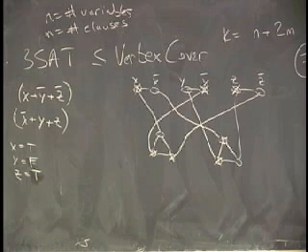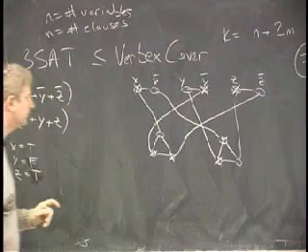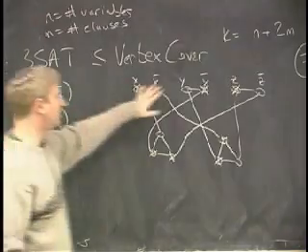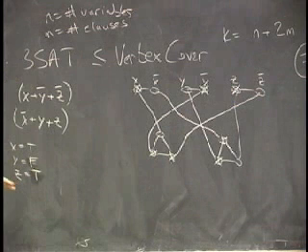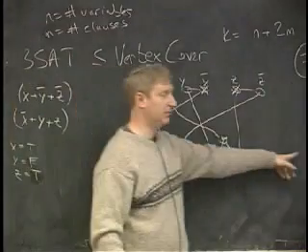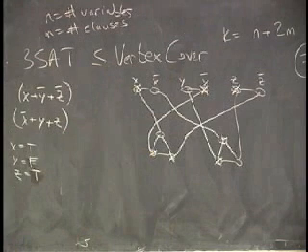What's more of a function? The size of the vertex cover I'm trying to get? No, the picture that you draw. I have as many edges as I have variables, and I have exactly as many triangles as I have clauses. So if I have 8 clauses, I'm going to have 8 triangles in the bottom with lots of edges coming up to the variables to connect them.